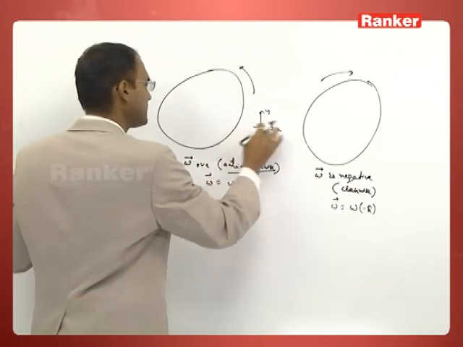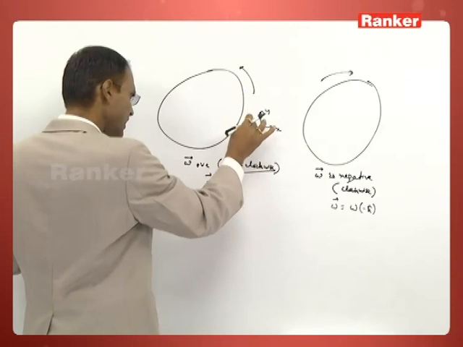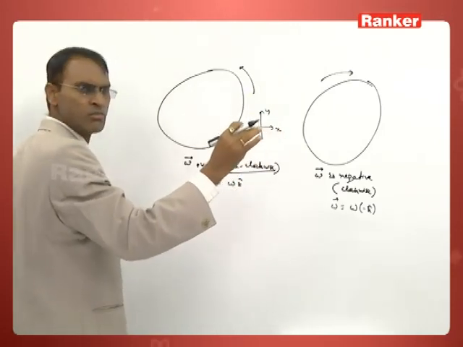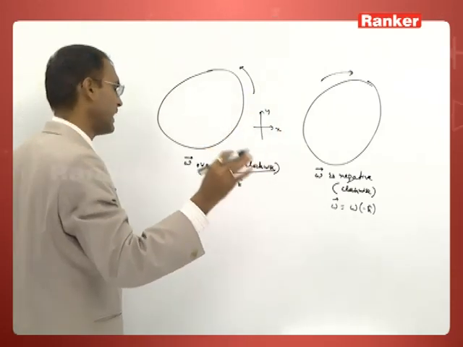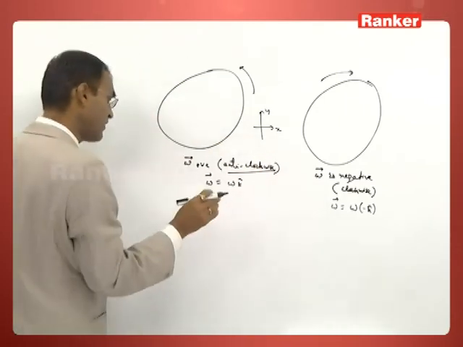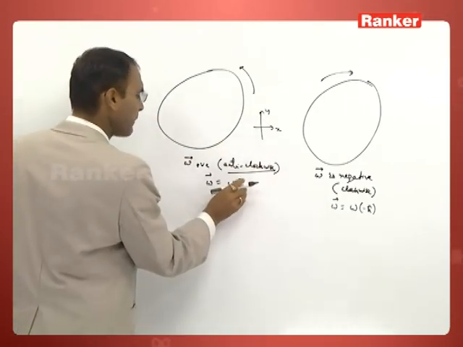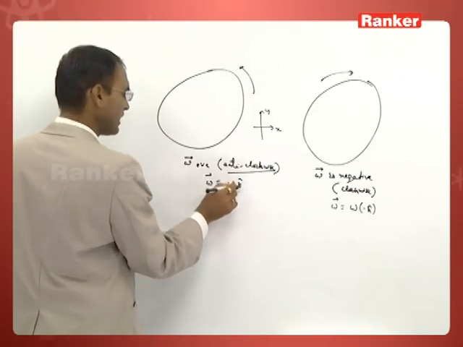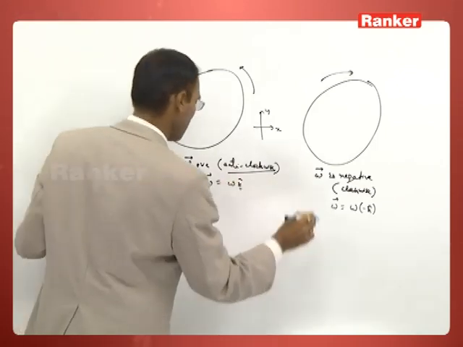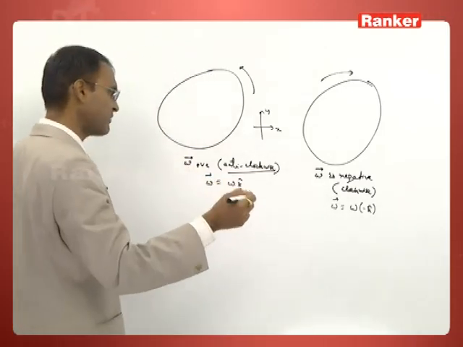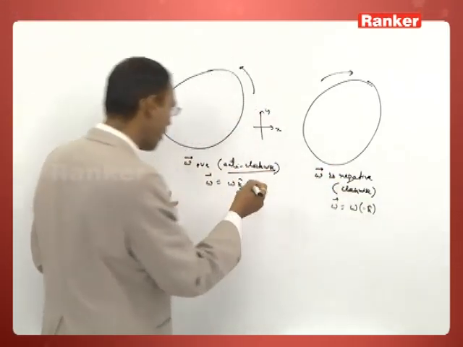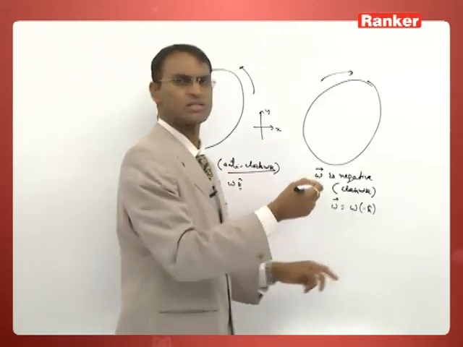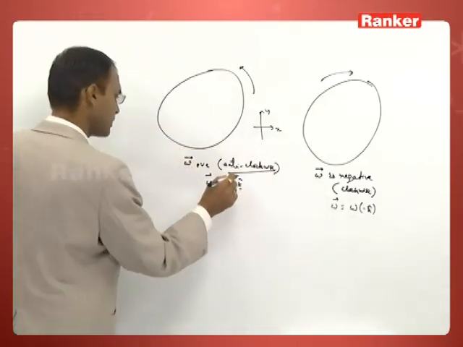If you take this as the x-axis, this is the y-axis, definitely the outward axis will be the positive z-axis, and the unit vector representing the positive z-axis can be given as k cap. When it is out, plus k cap. When it is in, minus k cap. Out means anticlockwise, in means clockwise.